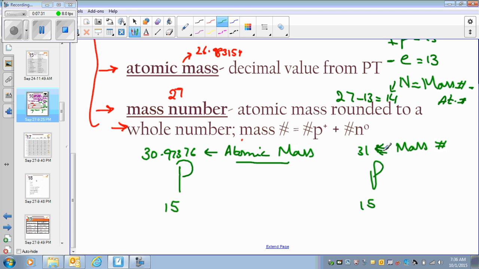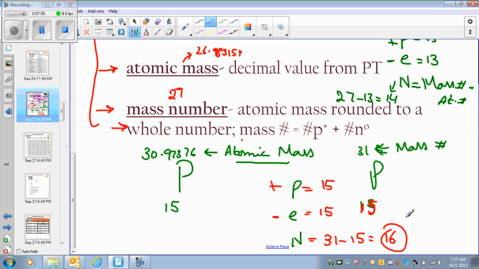To calculate the protons, electrons, and neutrons, I will be using the mass number. So I have 15 protons, because 15 is the atomic number, and it will have 15 electrons. This number gives you both the electrons and protons, because protons are positive, electrons are negative. To get the neutrons, I will do 31 minus 15, so it will be 16 neutrons. You must have a whole number for neutrons. Neutrons cannot be in decimals.